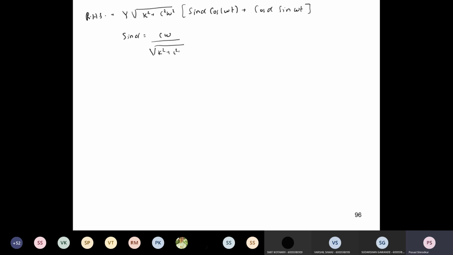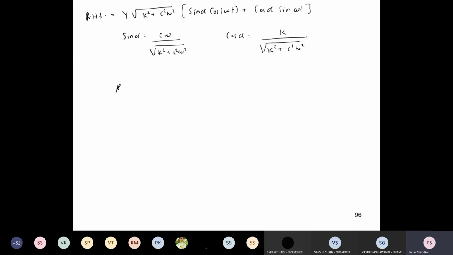So RHS becomes Y into square root of k square plus c square omega square into (sin alpha cos omega t plus cos alpha sin omega t), where sin alpha is c omega divided by square root of k square plus c square omega square, and cos alpha is k divided by square root of k square plus c square omega square.